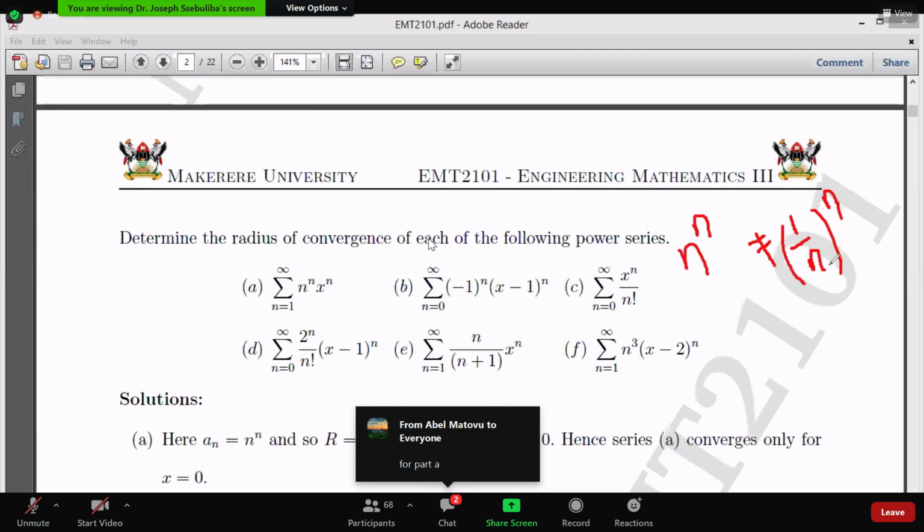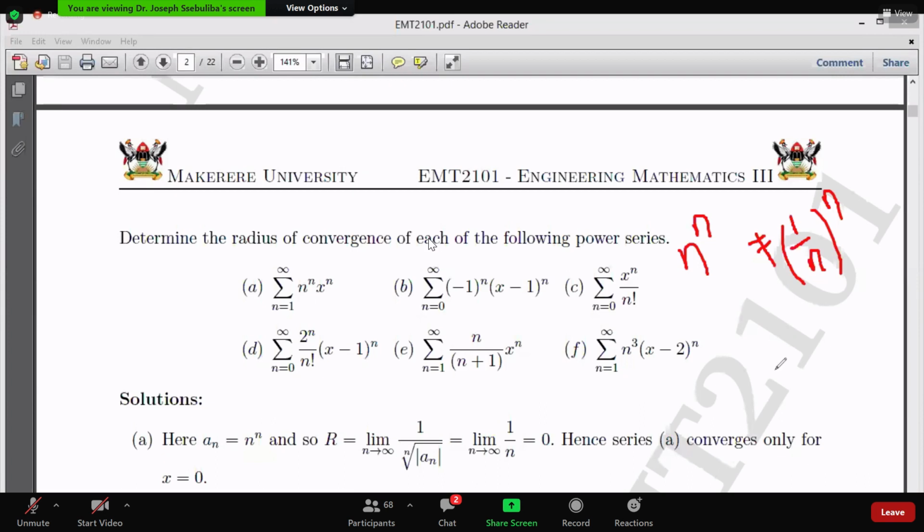This is what you've written, Mr. Matovu, and I agree with you. This is not this, because n power n over n power n gives you 1, while this one will give you n over n to the power n. But this is n to the power n. I don't know why we are picking this, but I agree with you.